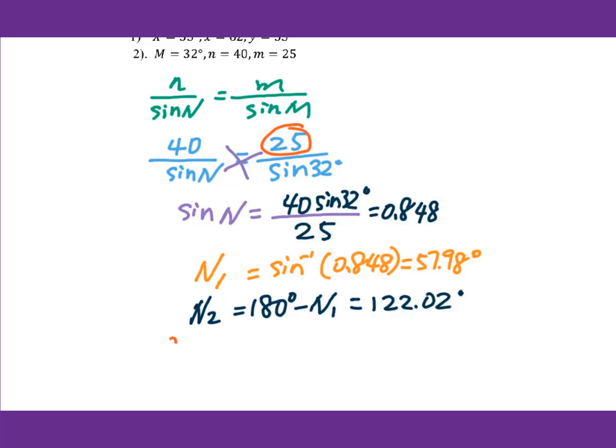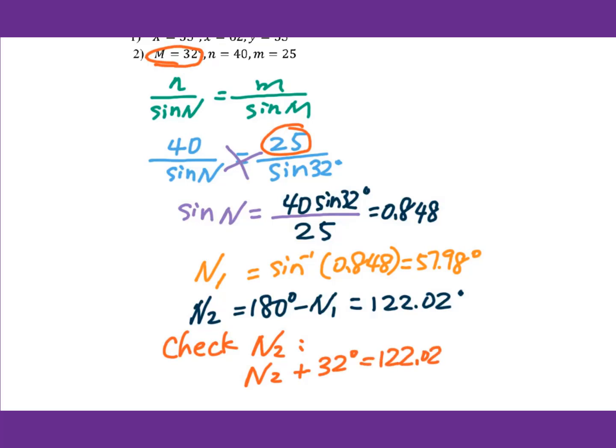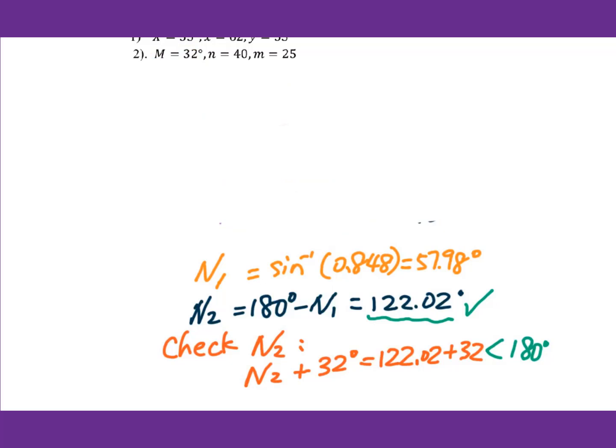Then you need to check N2. We got to do N2 plus the given angle, that's 32 degrees. So we got 122.02 plus 32, that's less than 180 degrees, which means N2 is a good angle. Therefore, we can sketch the graph.